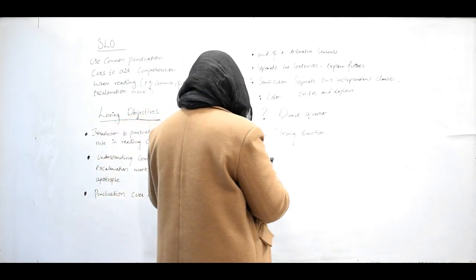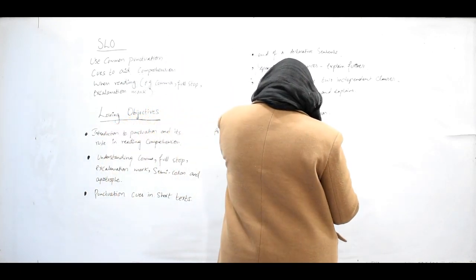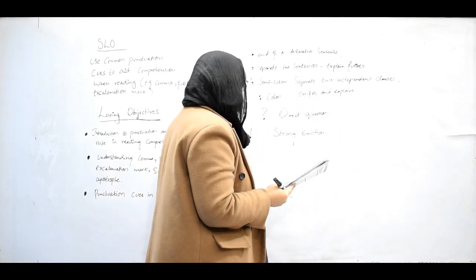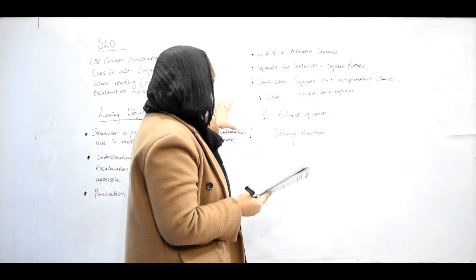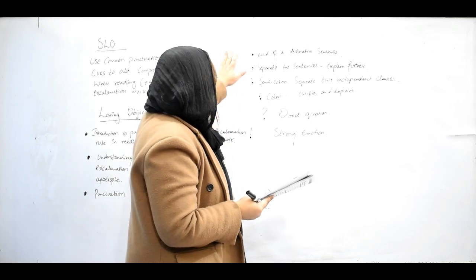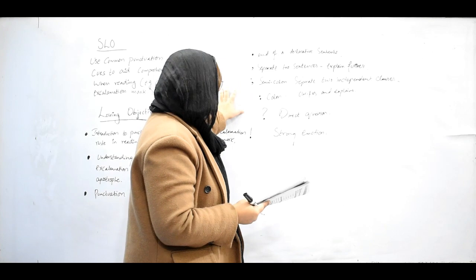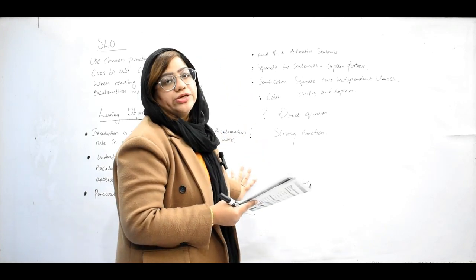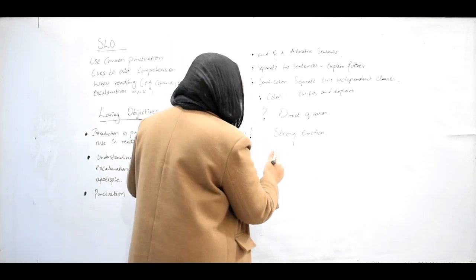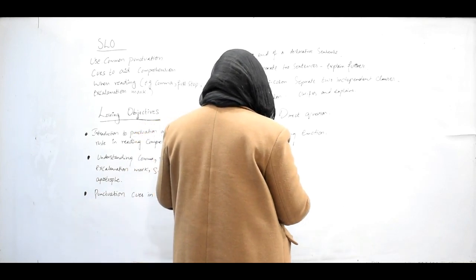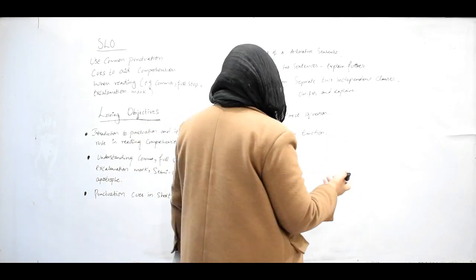I hope now you have an understanding of that. So, students, we have discussed different kinds of punctuation marks: full stop, comma, semicolon, colon, question mark, exclamation mark, and apostrophe.